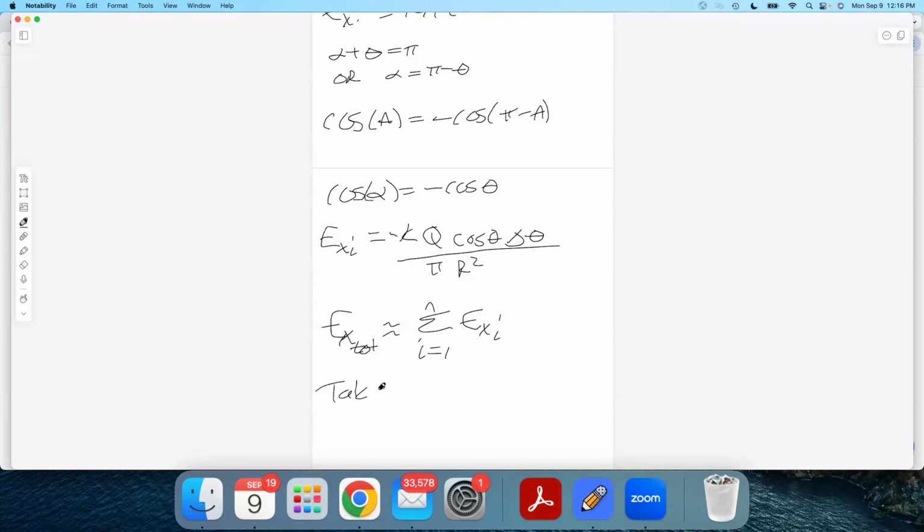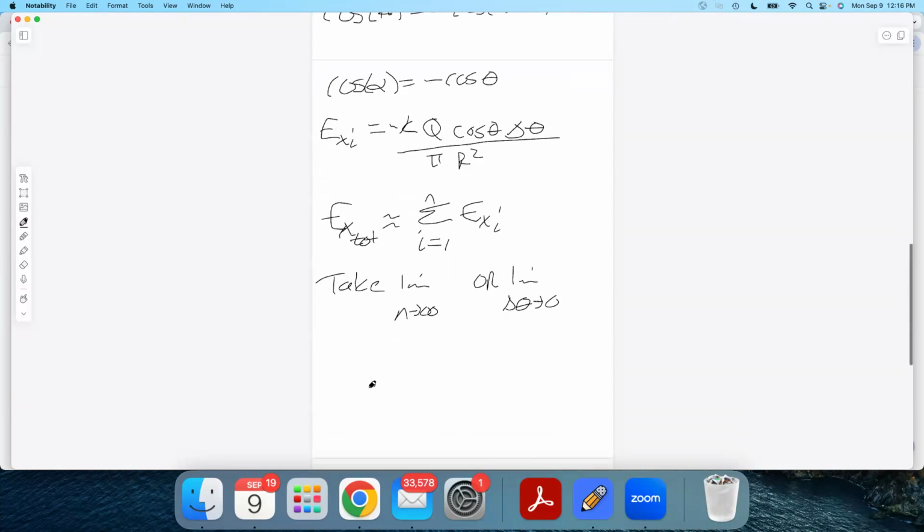We take the limit as n goes to infinity, which is the same thing as the limit as delta theta goes to 0. And then this sum becomes an integral. So then E_x total actually equals, instead of approximately equals, the integral. This delta theta will become a d theta. And you just go ahead and write it. Again, I've kind of done the whole thing here.